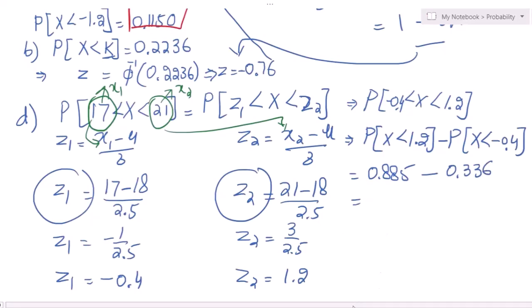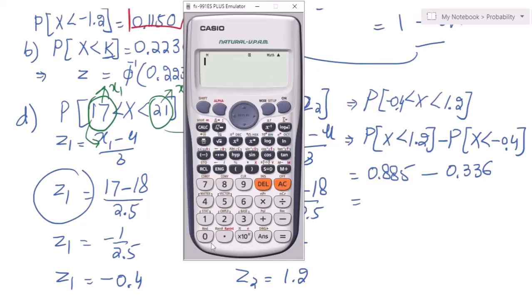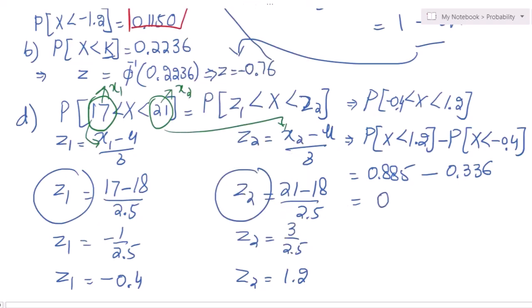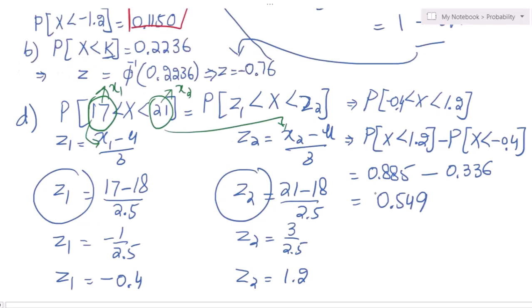Let me subtract it: 0.885 minus 0.336 is 0.549. That is the solution of part D of my question.